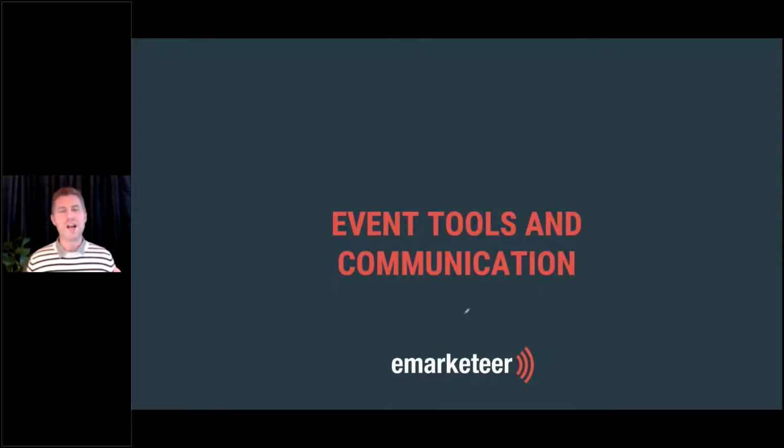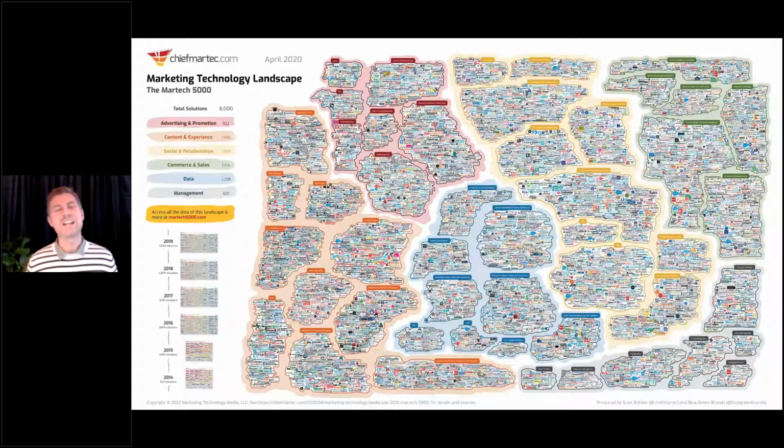Just to show you a crazy slide, this is the MarTech 5000, which is a collection of the marketing technology platforms, services, software packages that are out there in your marketing technology stack. So more than 8,000 pieces of software out there.